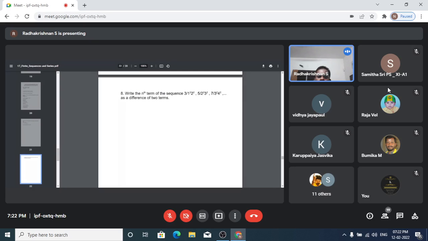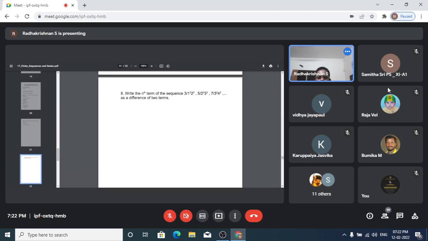So then we can write it as a difference of two terms. For that we saw a method earlier, in algebra. So we'll have to apply that technique. So what is the formula for the nth term?